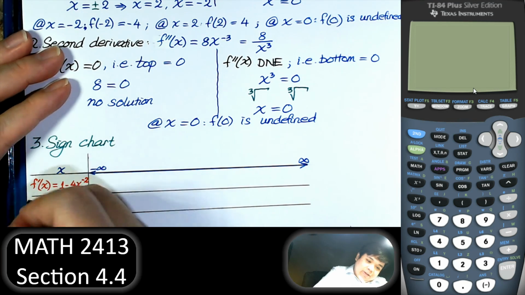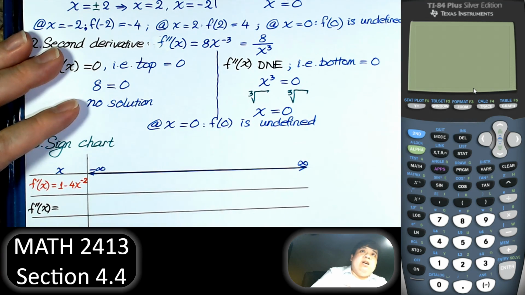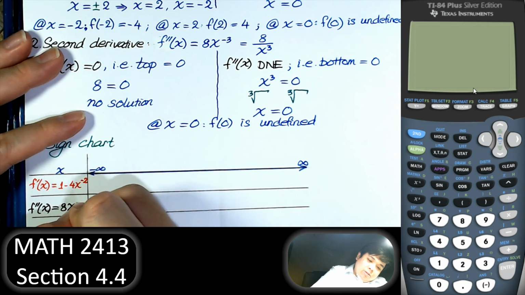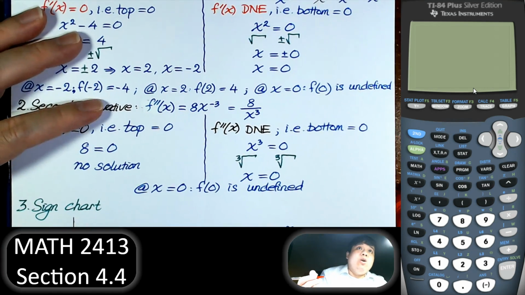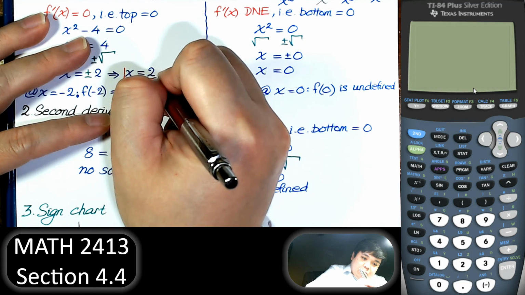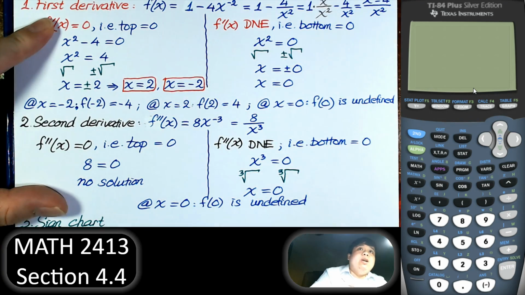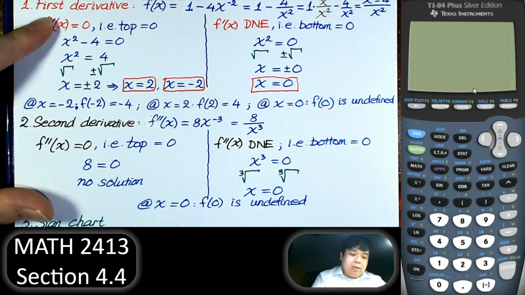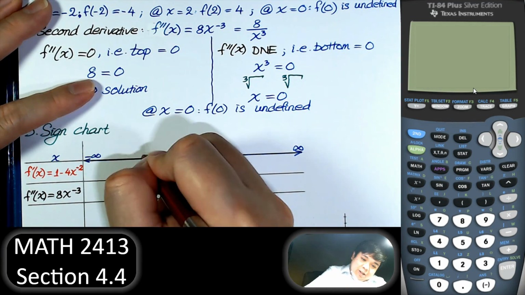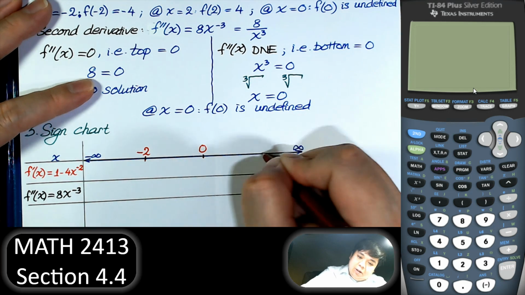And then the second derivative. Again, we can choose any of these. We can just choose 8x to the negative 3. Right. When the derivative equals 0 or does not exist, we have x equal to 2, x equal to negative 2 when the derivative equals 0, and x equal to 0 when the derivative does not exist. So we will have negative 2, 0, and 2.